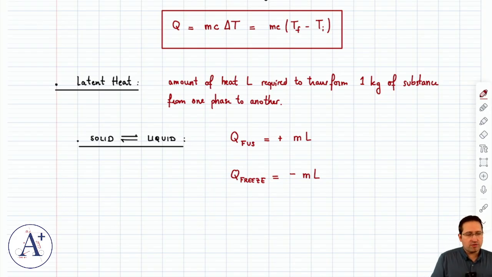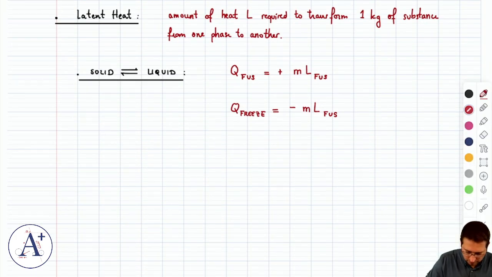Now, since we're going to have to worry about liquid-gas phase change as well, let's be a bit more specific here. Let's call this latent heat the latent heat of fusion, L fusion. But I have to pick the right formula depending on which phase change I have.